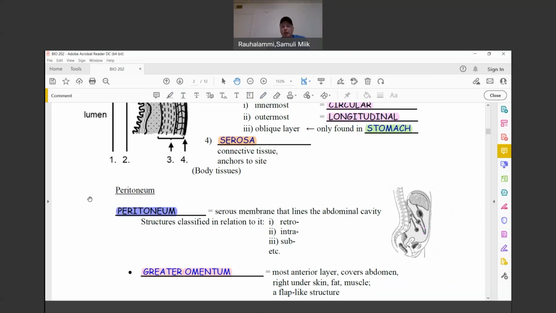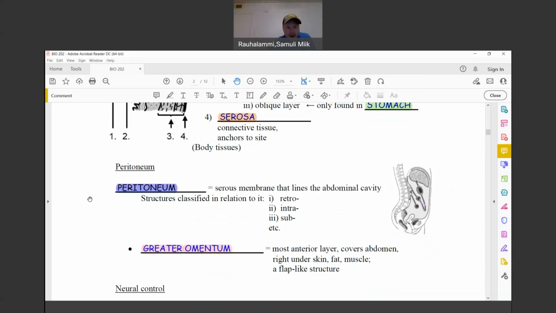Once you get into that abdominal cavity, you'll end up seeing this kind of a flap-like structure anteriorly that we might need to cut through or fold it up. So we end up seeing other structures within the abdomen. So just something to bear in mind if you end up doing dissections.